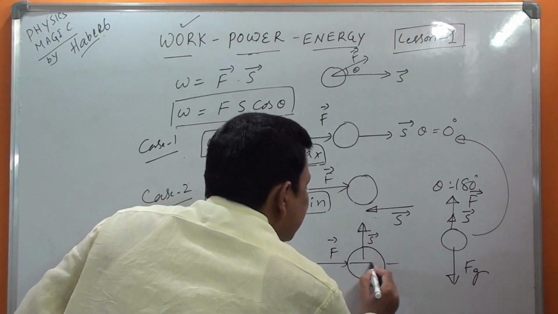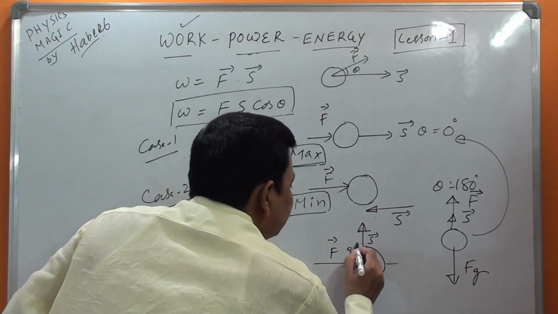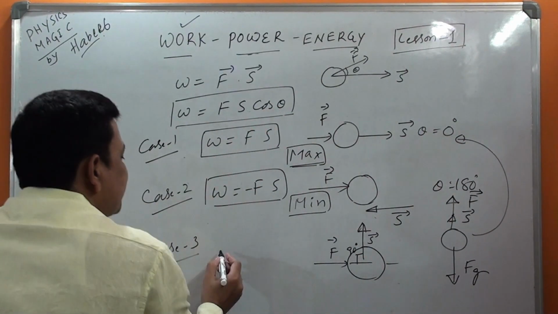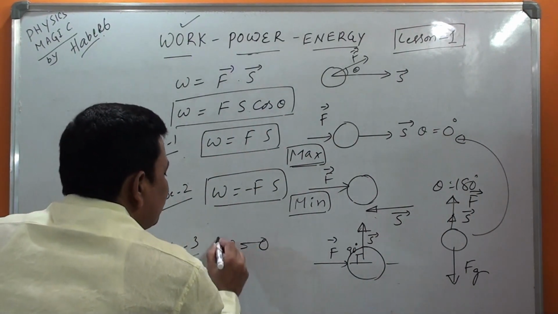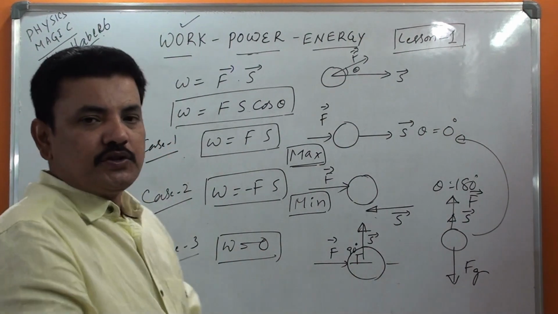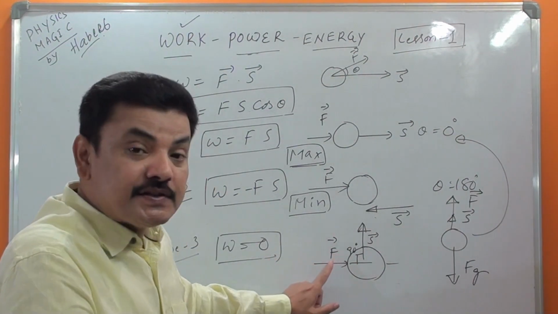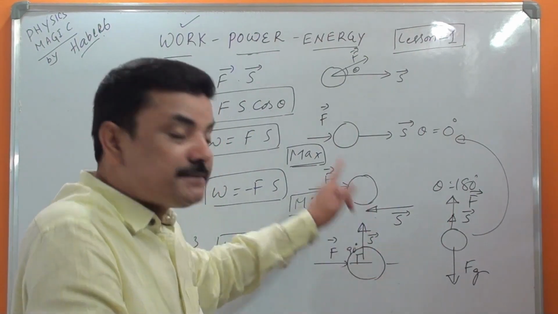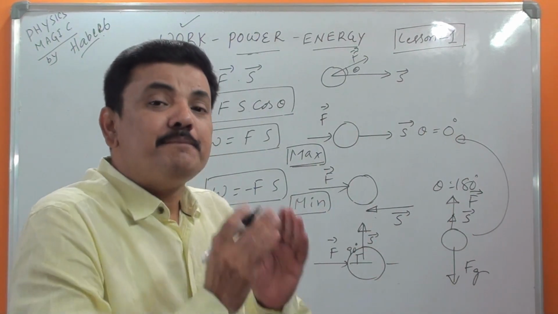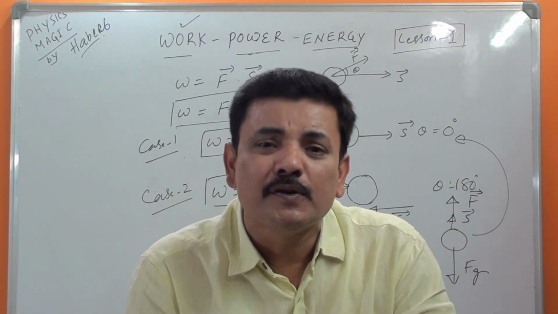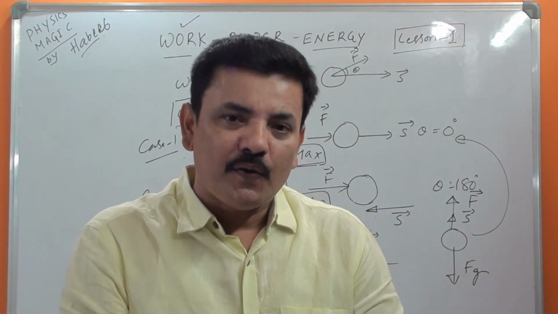So here the angle between them is 90 degrees. In that case, you know well, if you substitute cos 90 here, you will get 0. What do you mean by this? Force is there clearly. Displacement is there clearly. But because of the 90 degree angle between those two, the work is said to be done 0.